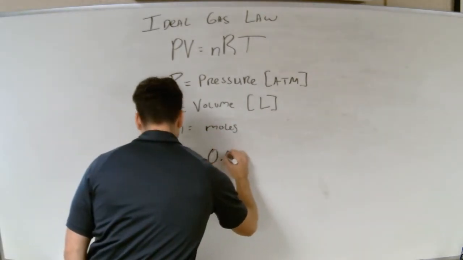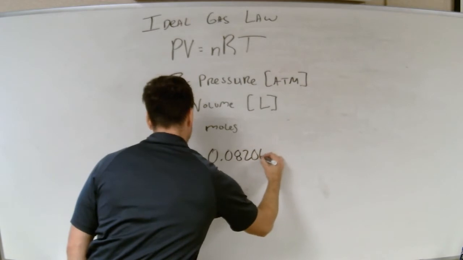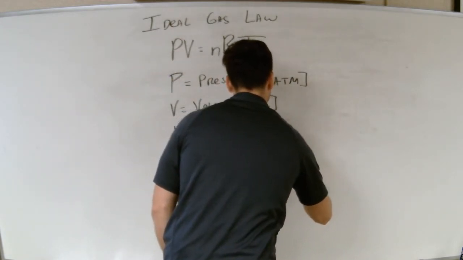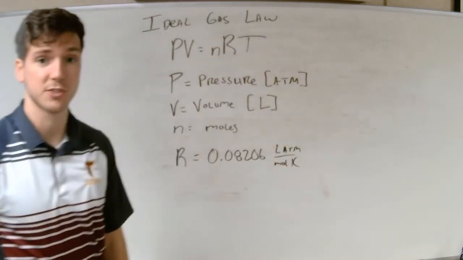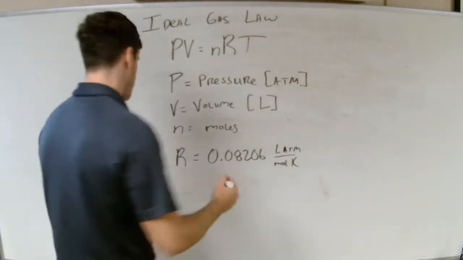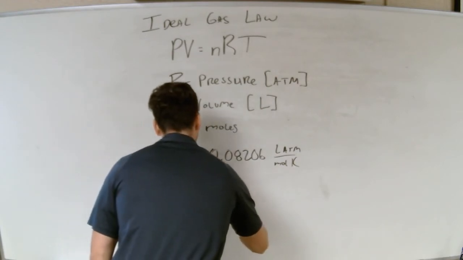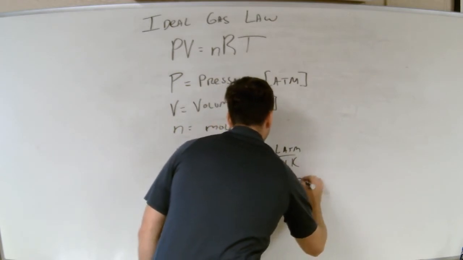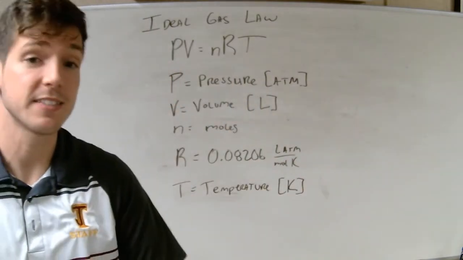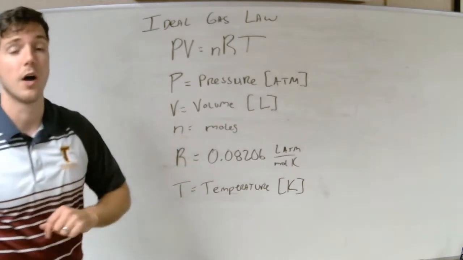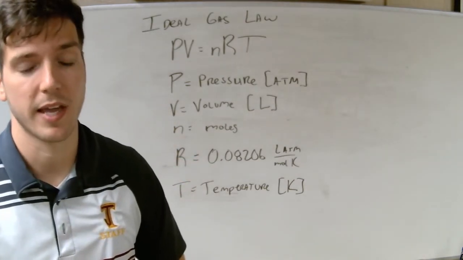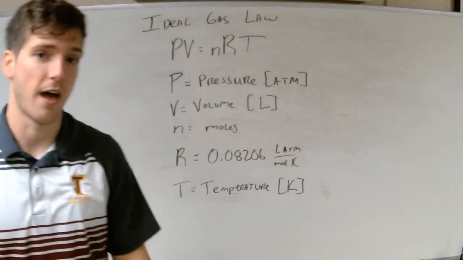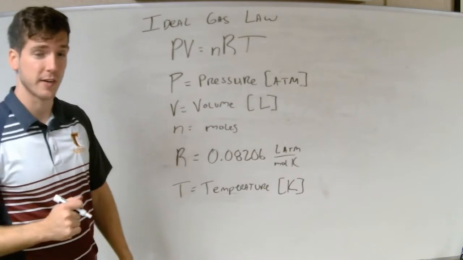It's 0.08206 liter atmospheres per mole Kelvin. It's just our constant. And then T, of course, is temperature, which is also in Kelvin. This is the only gas law they will give you on the AP exam. But you should be able to derive the rest of the gas laws. And I'll explain here in just a second.